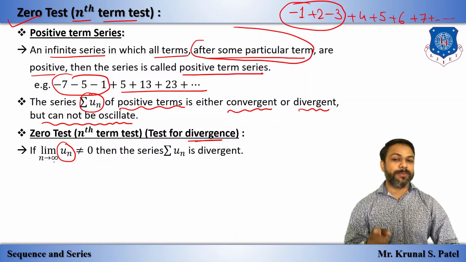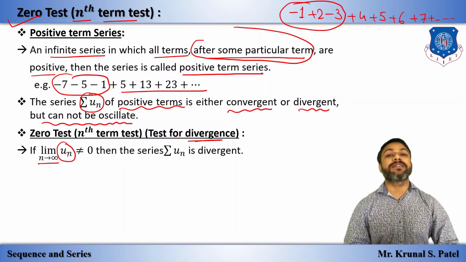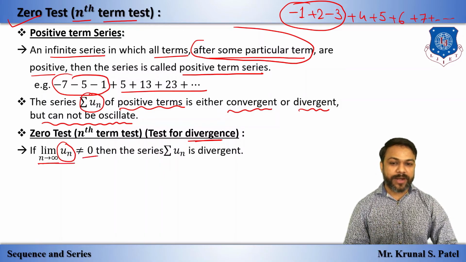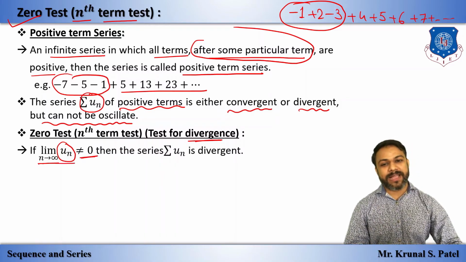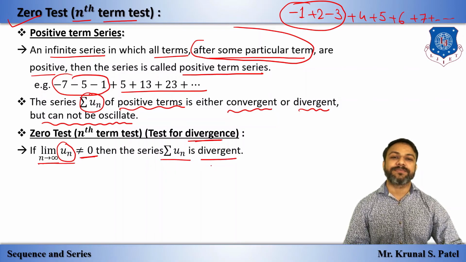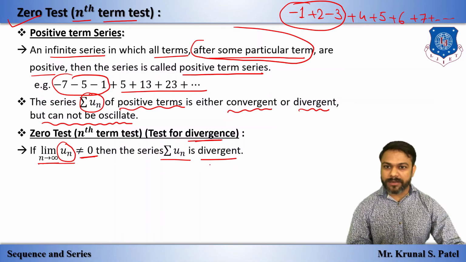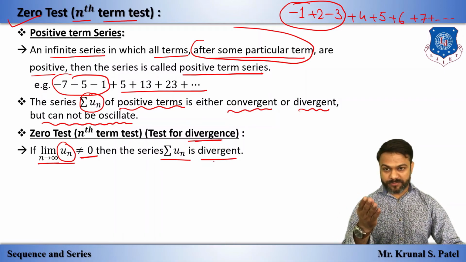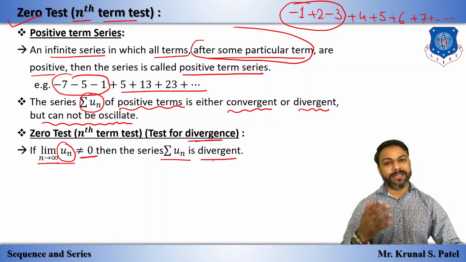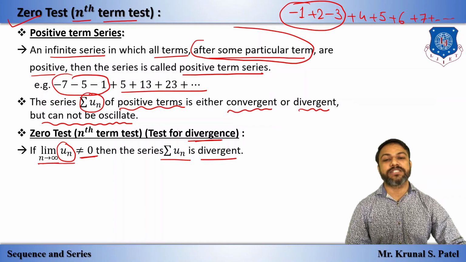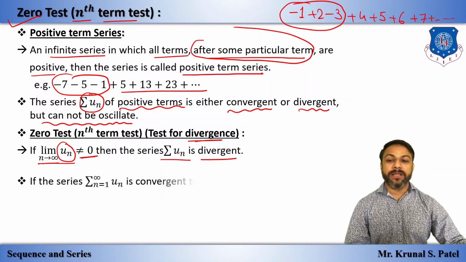So you have to apply the limit on the nth term of the series, and if this limit is not equal to 0, then sigma un is divergent. That means it's not convergent, and we have discussed that a positive series never oscillates, so it is divergent. That's why it is known as the test for divergence.